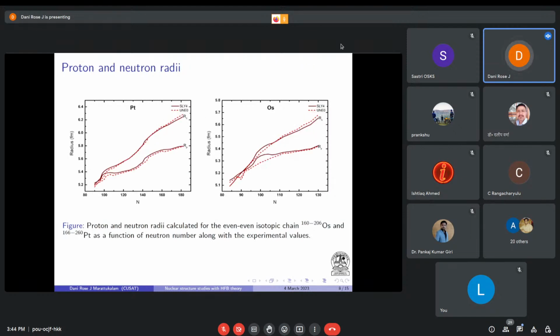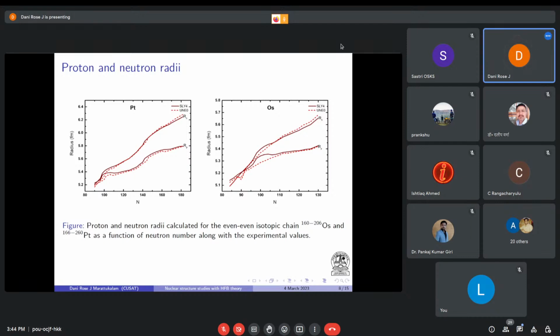So the neutron skin thickness is essentially the difference between the proton and the neutron radii. As the number of neutrons increases further, an outer crust which is devoid of protons is formed, and this outer crust, which has only neutrons, is called the neutron skin, and it can be used to correlate astrophysical properties of, say, even the neutron star.